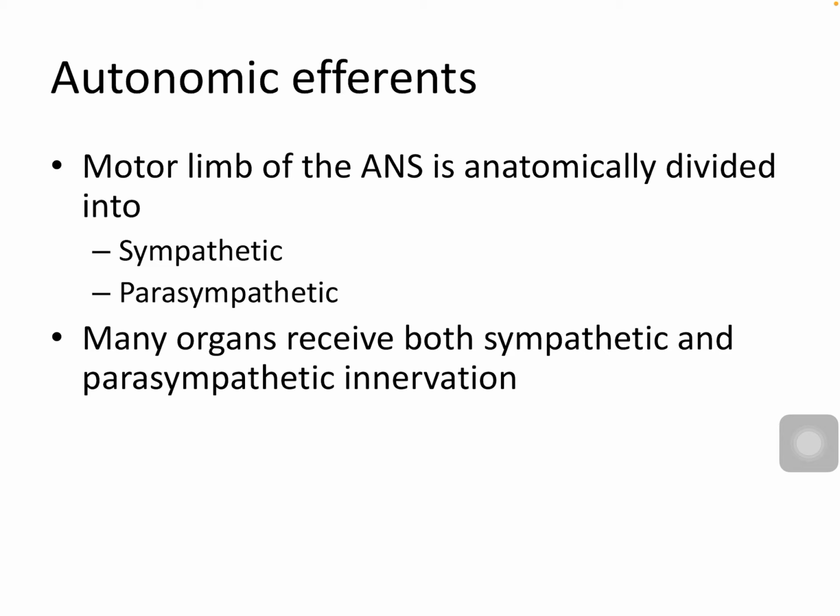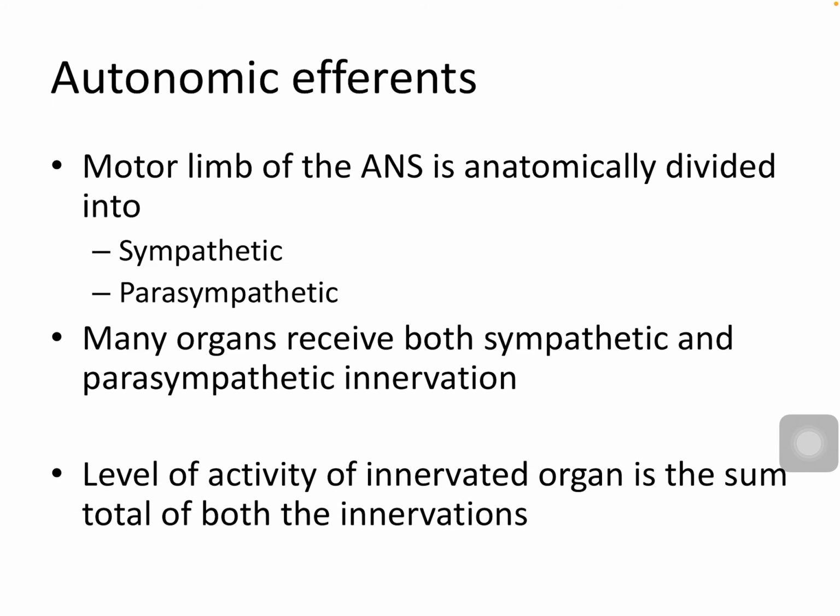Majority of them receive both sympathetic as well as parasympathetic innervation. So at any given point of time, the level of activity of an innervated organ depends on the sum total of the sympathetic and parasympathetic activity.